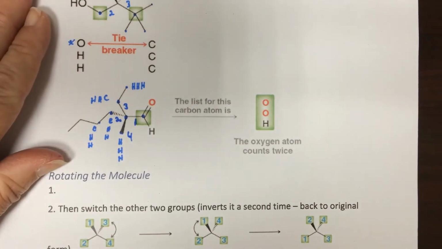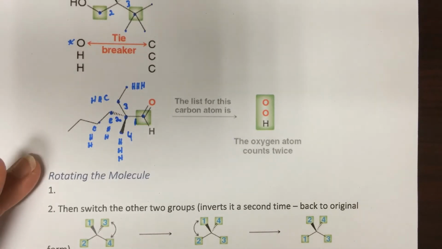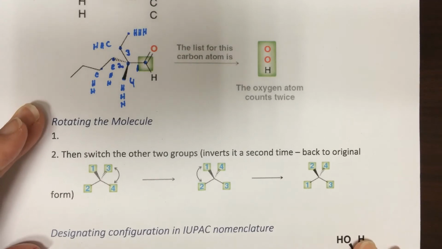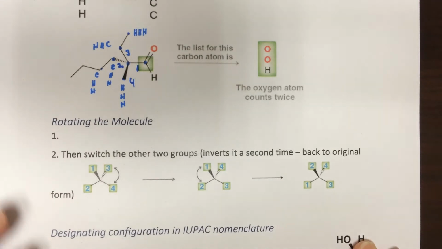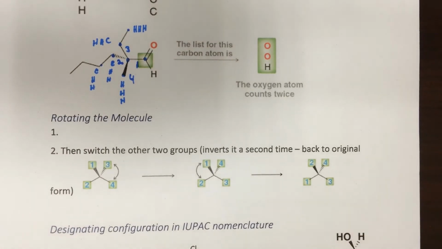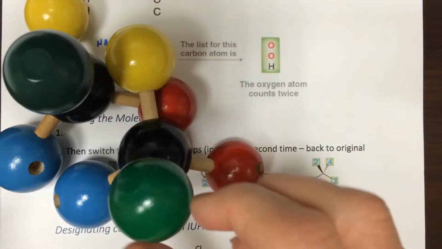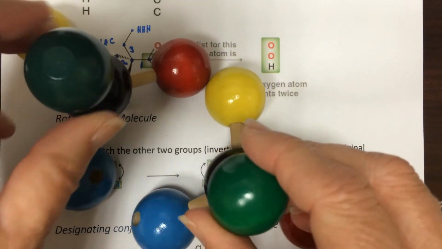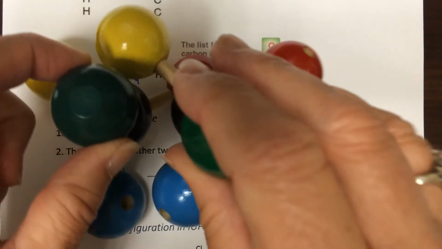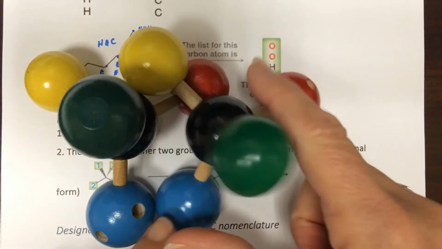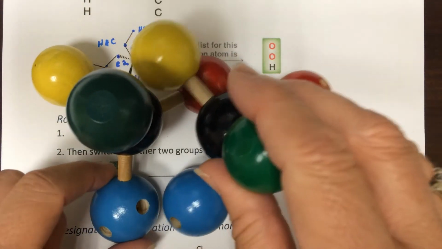So we know how to assign groups. The next thing I had written down was that we were supposed to rotate the molecule. So I'm going to show you something with my models here. I've got them set up so that they're identical. The green's on top, the yellows are beside each other, the reds are beside each other, the blues are beside each other.